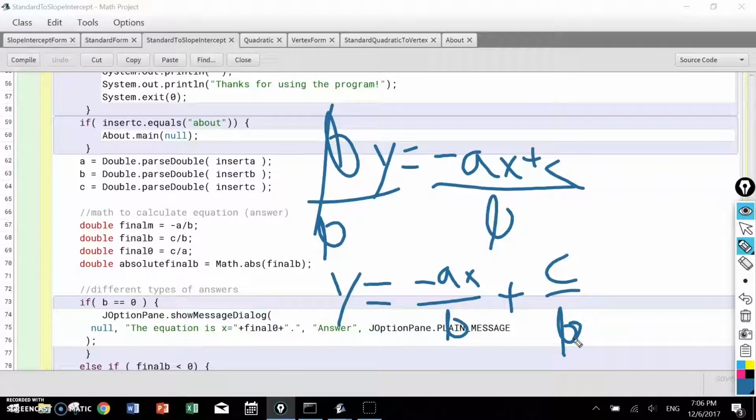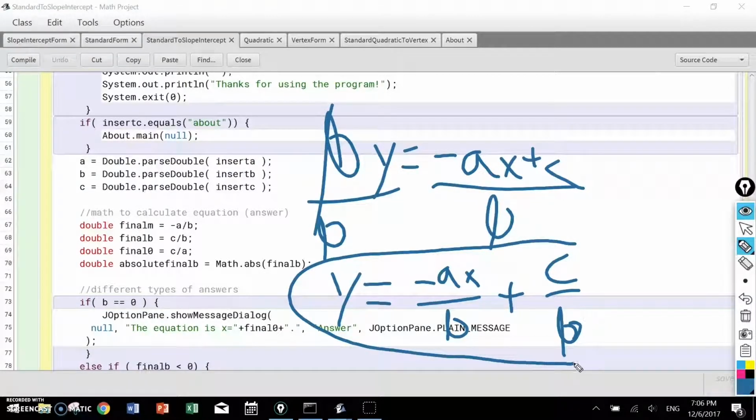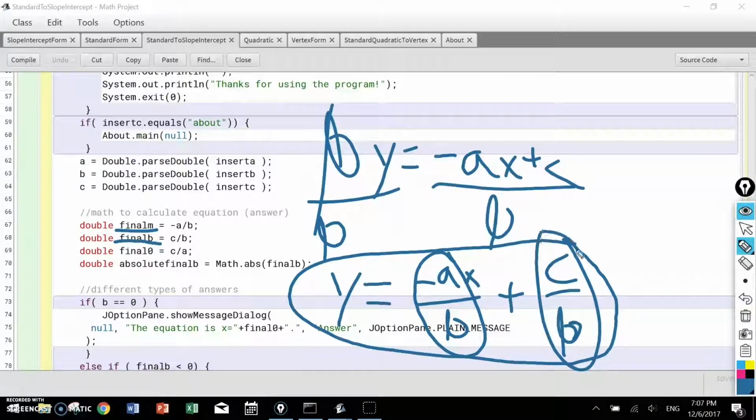Now, this is slope-intercept form with standard form values. So to find the slope, which is m down here, you would take negative a over b, as shown here. To find the b, you just do c over b. And then this b, of course, is the y-intercept.